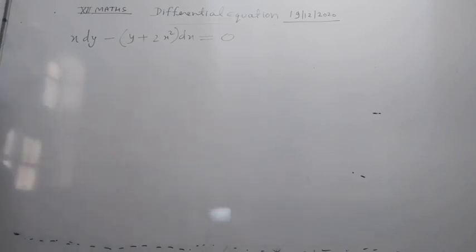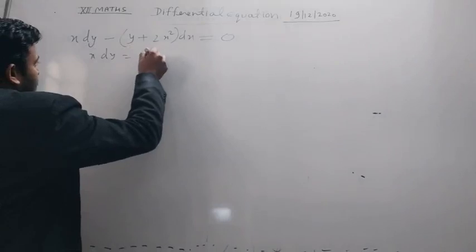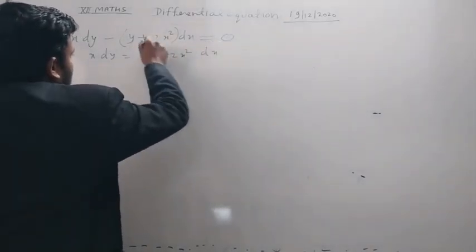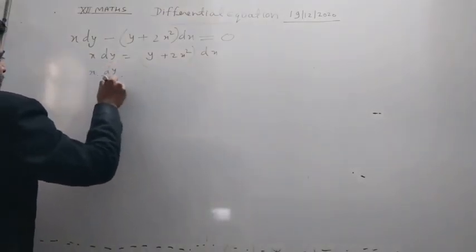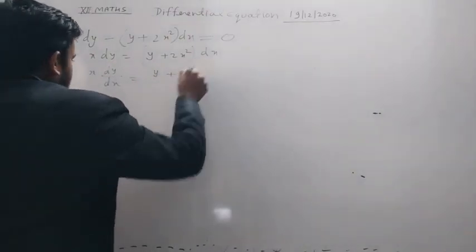Okay, so first what we will write, we will send this to the right hand side. Okay, so x dy is y plus 2x square dx. Now we write x dy by dx is y plus 2x square.